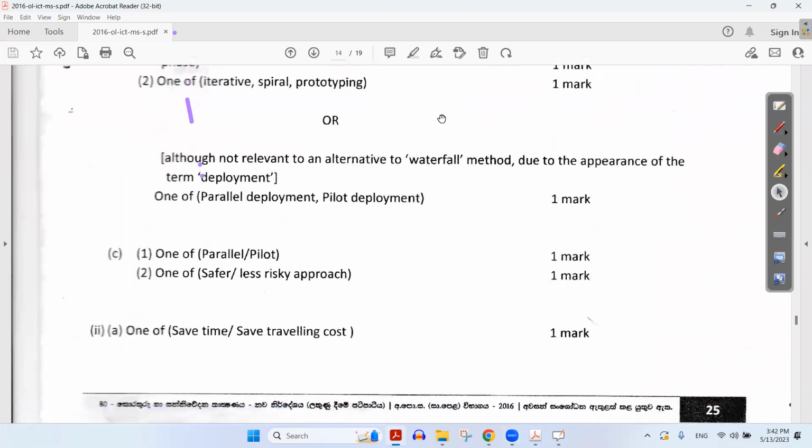Okay, then part C is asking parallel or pilot. That's what they have said. So what are the deployment methods? Either the parallel or the pilot. Then when you are asked to justify your answer, you have to tell what you have been using and what you are going to change.